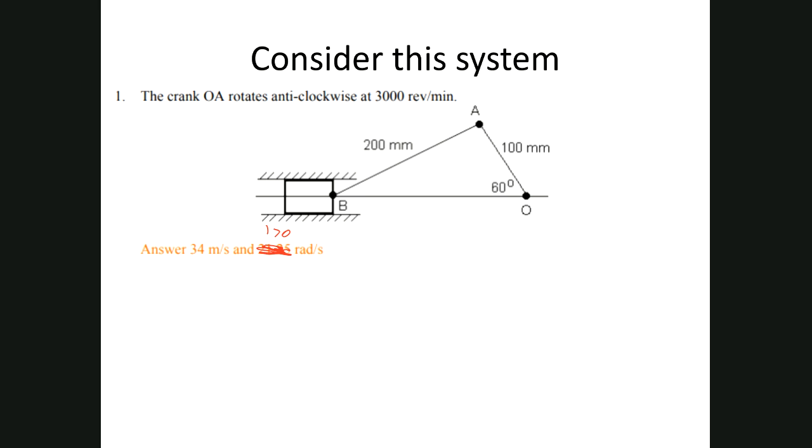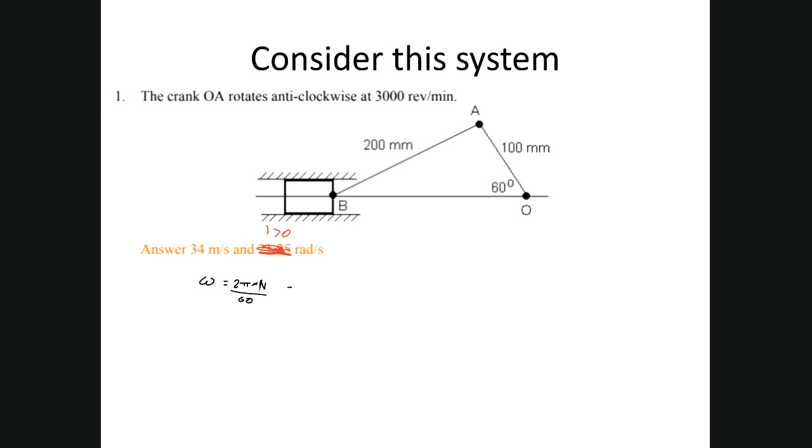Right, so first off, we need to know what the angular velocity of the crank is. So first off, we need to know what omega is equal to, and omega is equal to 2 pi times the speed in RPM divided by 60. So speed in RPM divided by 60 gives us the speed per second, times by 2 pi gives us how many radians there are per second.